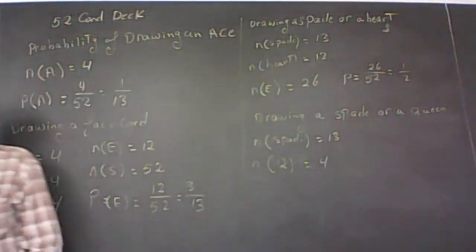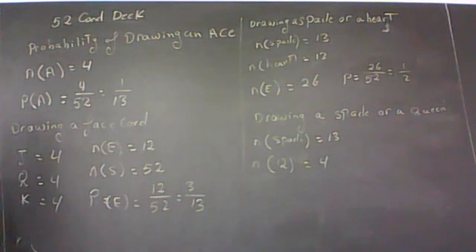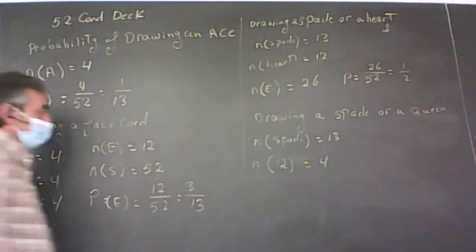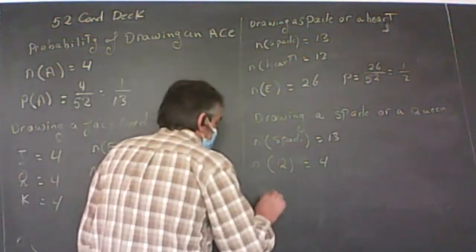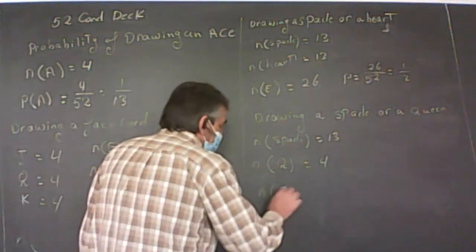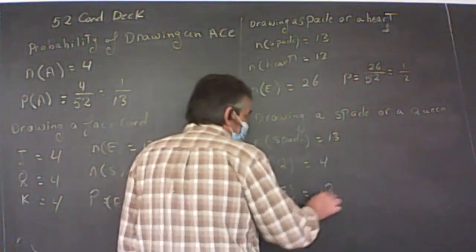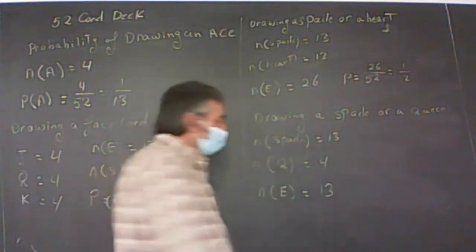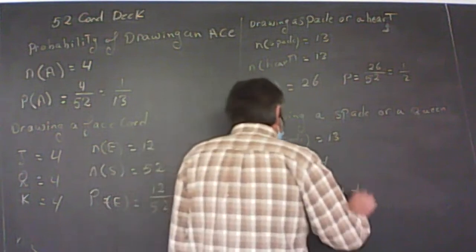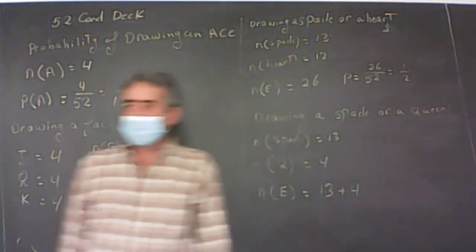So how many total cards do we have in the event? Is it 17? So we do have 13 spades, right? We do have 4 queens, yes?